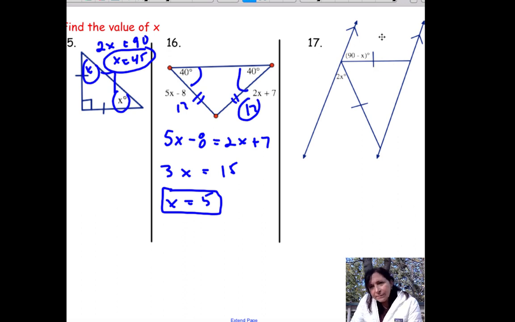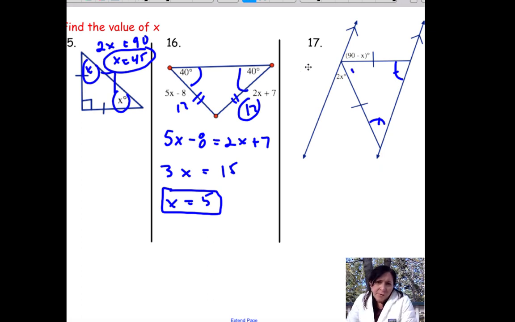For this problem, let's see, we know that these two angles are congruent. If the two sides are congruent, the angles are congruent. We do not have this information here, whereas if this is 90 minus x, and this is 2x, then this must be unknown.